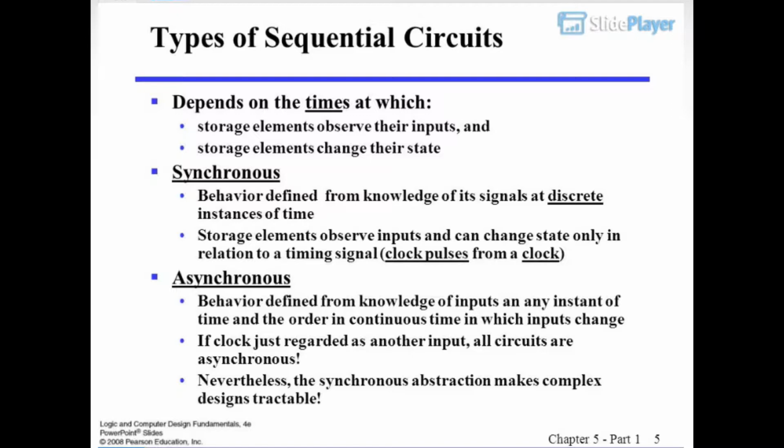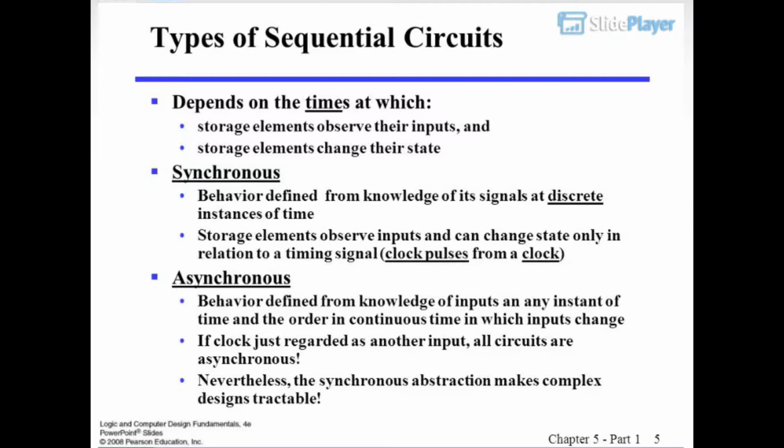Types of sequential circuits depend on the times at which storage elements observe their inputs, and storage elements change their state. Synchronous: behavior defined from knowledge of its signals at discrete instances of time. Storage elements observe inputs and can change state only in relation to a timing signal, clock pulses from a clock.